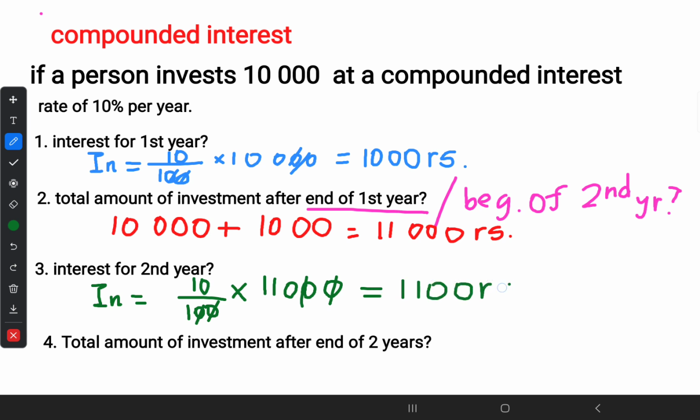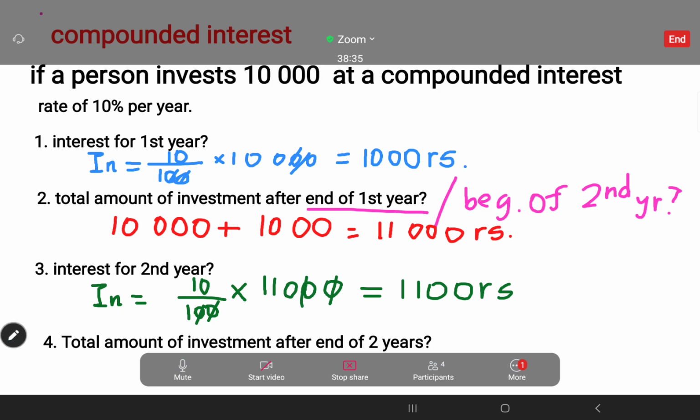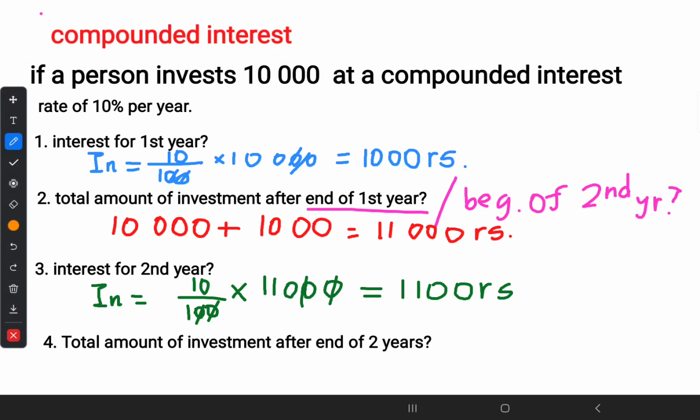So in the first year for your investment you receive 1,000 rupees as interest. That is included in your investment for the second year. So for that particular amount in the second year you receive 1,100 rupees as interest. So the second question, total amount of investment after the end of the second year, or beginning of the third year, both are the same. Initially you had 10,000 rupees.